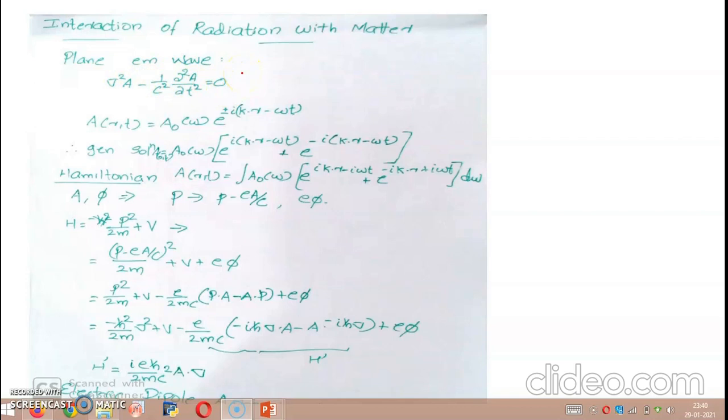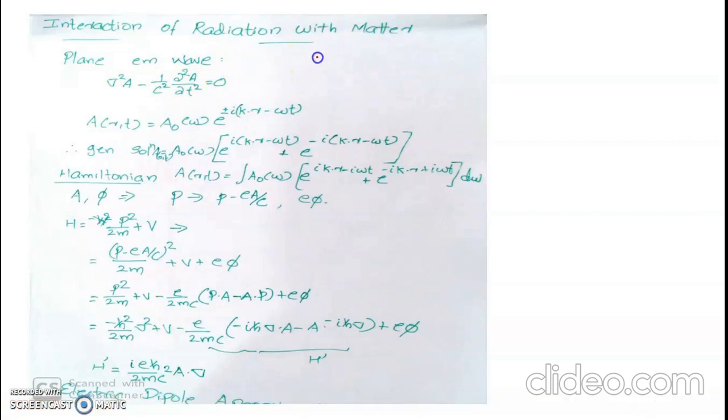Of course, this will always satisfy the Lorentz gauge conditions V equal to 0 and del dot A equal to 0. These are referred to as the Lorentz gauge conditions.